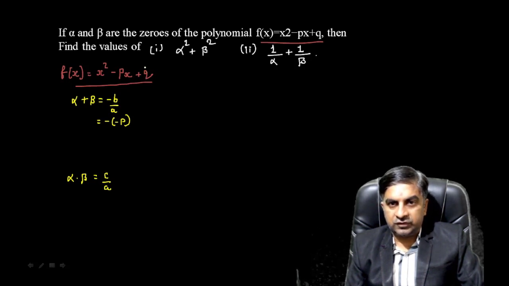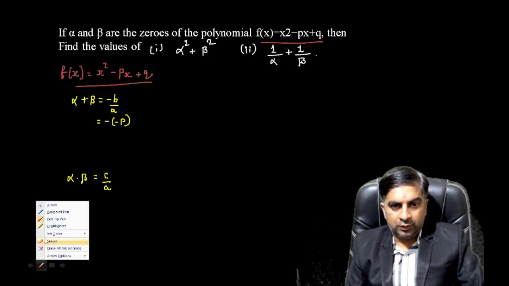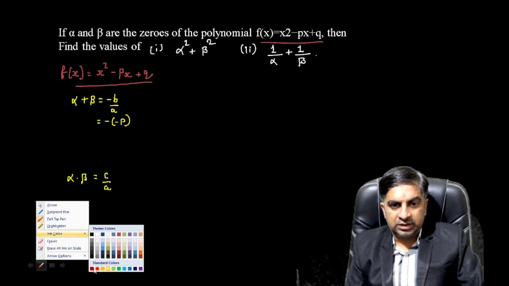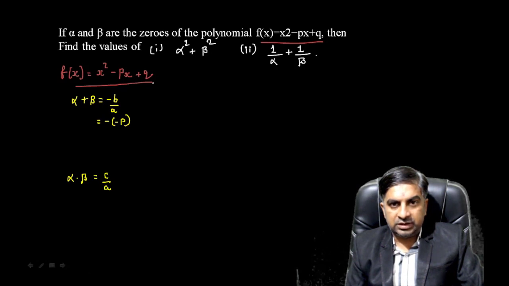Okay, from this, first of all you need to write down what your a, b and c are. Let me write down a, b and c, guys. From this your a is 1, because with x square nothing is there, so 1. With x, minus p, so your b is minus p, and c is your last term, that is q. Okay, now we need to keep this here.